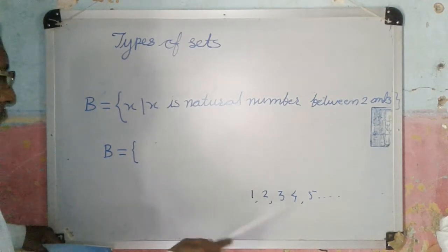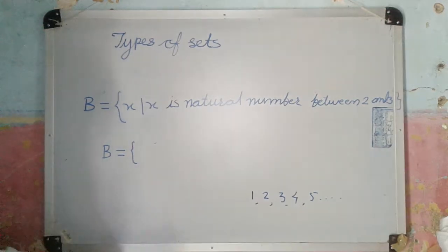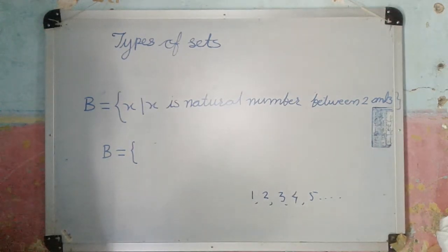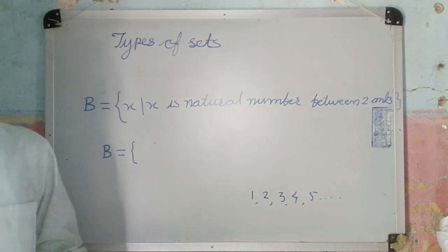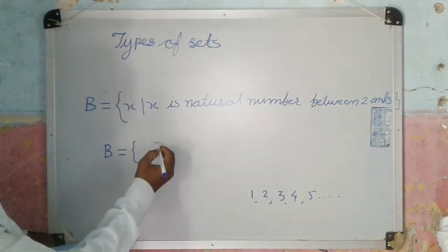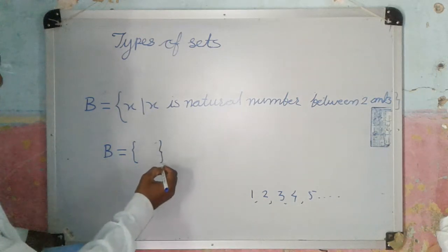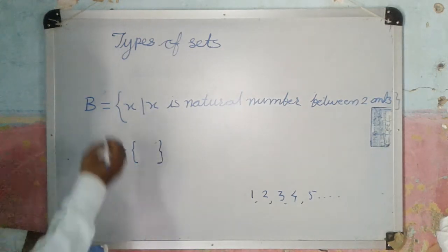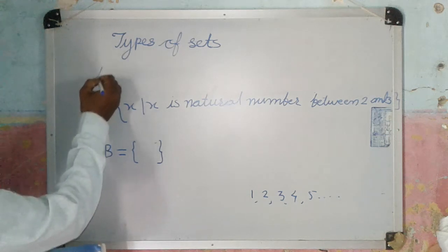No. There is no natural number between 2 and 3. Therefore, in this set there is no element, and such a set is known as an empty set or null set.